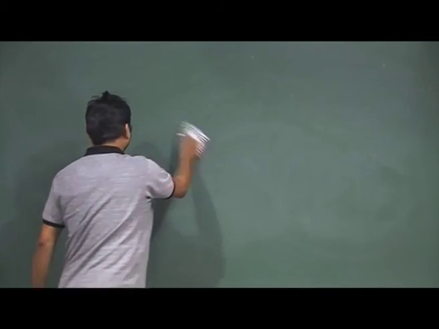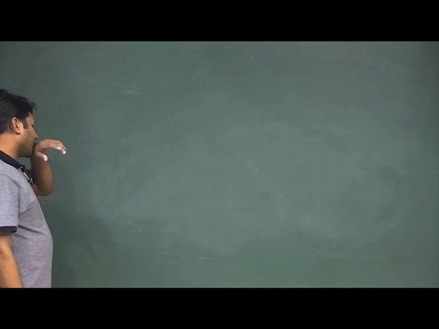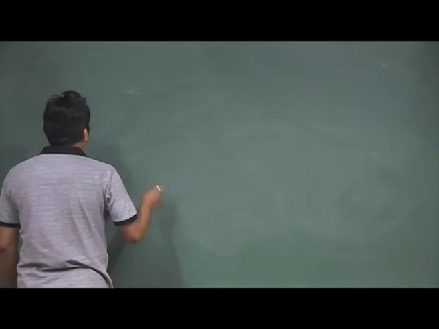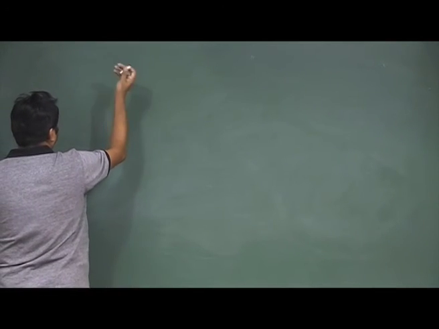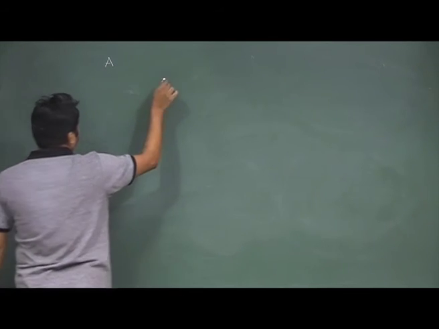Apart from that, under similarity transformation, I have a few other properties. For example, A and B are related by the similarity transformation.